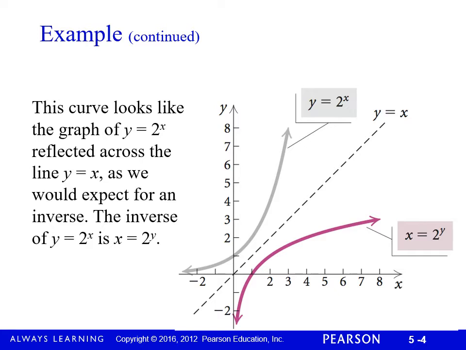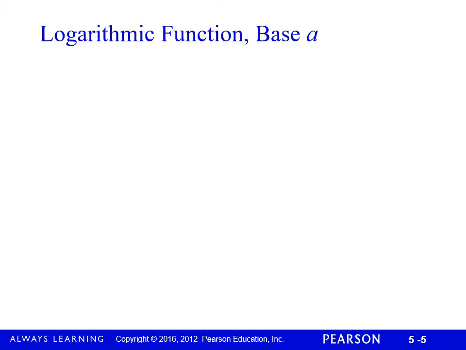The inverse of y equals 2 to the x is x equals 2 to the y. Again, from the last section, we saw that we just swapped and interchanged x's for y's and y's for x's. So the gray line here is the exponential, and the red line here is essentially the logarithmic graph. Logarithmic function.